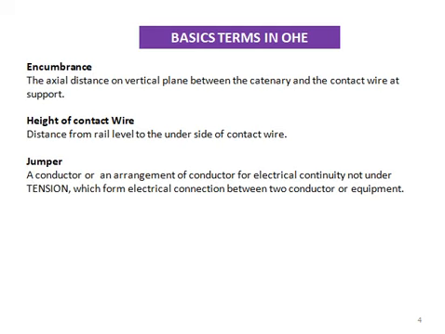Then jumper, which we already discussed. It is the electrical conductor used for maintaining continuity in various parts of OHE. We have discussed various types of jumper in the last video.